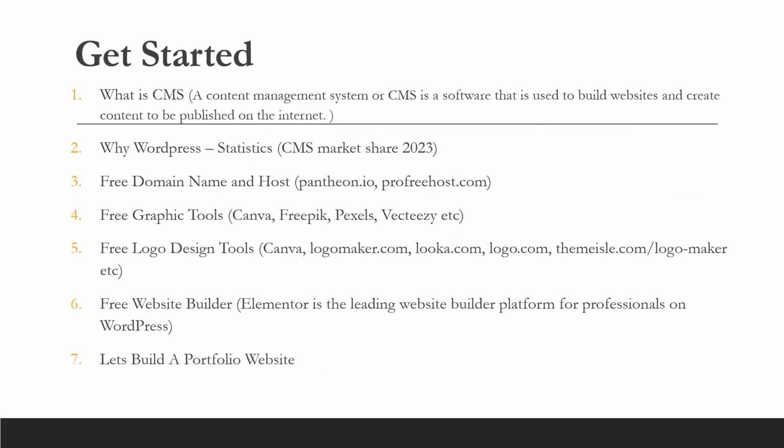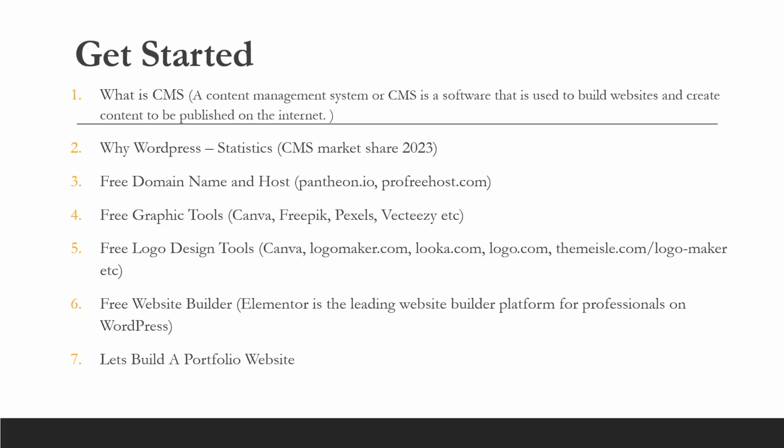Now, let's get started. This is the last slide for this presentation before we move to the practical session. These are all the things we'll be touching on in this webinar. What is a content management system, CMS?